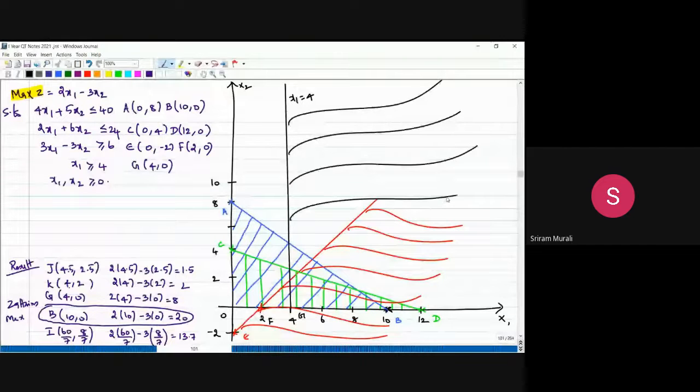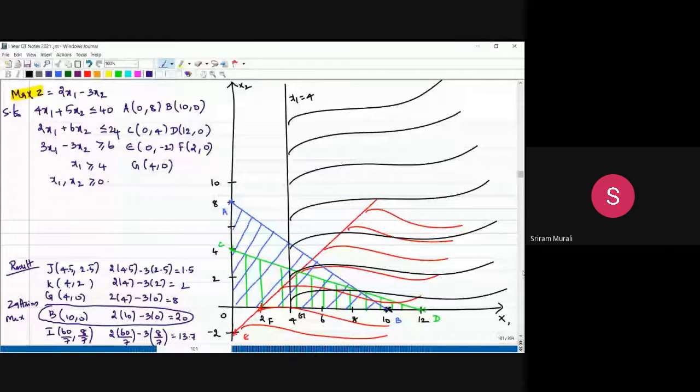Now, of the 4 colors, where all the 4 colors intersect, what is the common region? Before getting into this, the lines A, B, C, D, E, F, G, this is one point of intersection, H, and then I. There is a triangle.